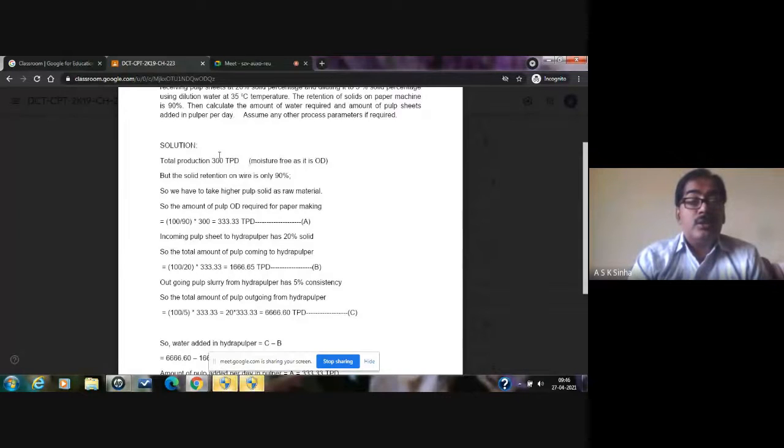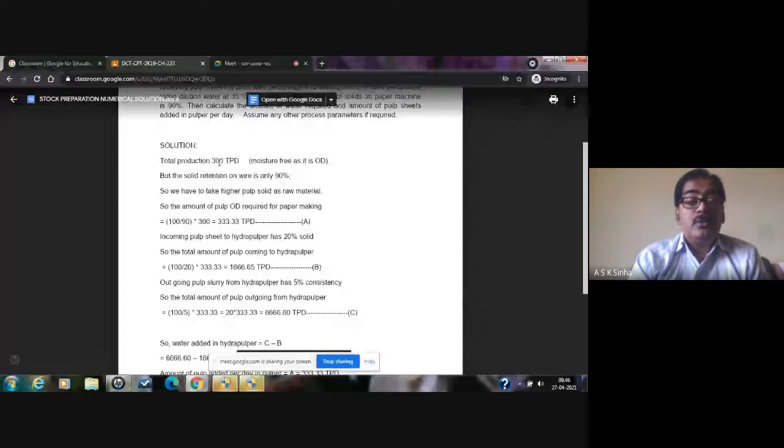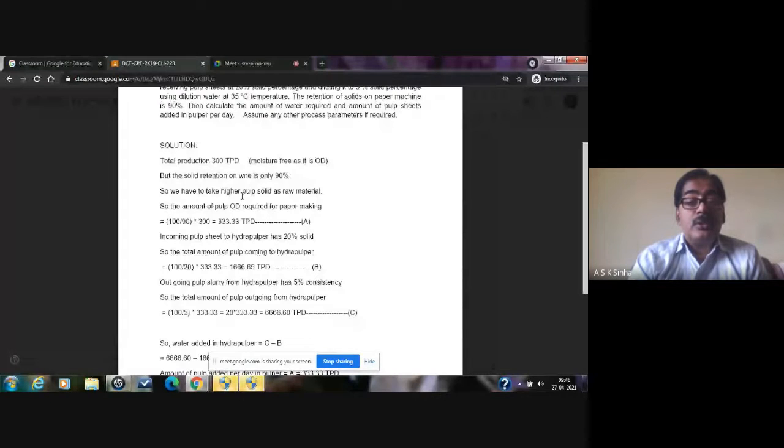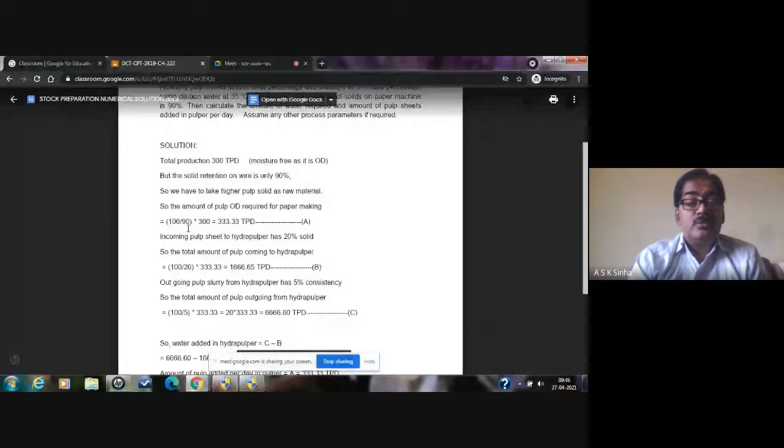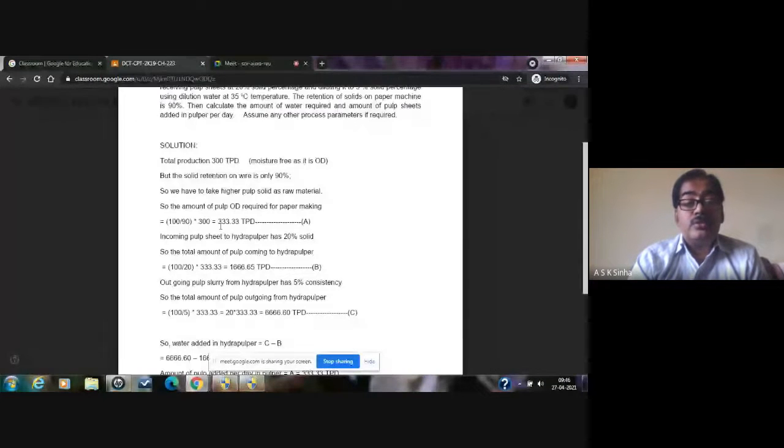So whatever we are adding, 90% is converting to the final product. So basically, we have to find the higher pulp solid as the raw material for the 300 final production. Certainly the input pulp will be higher.